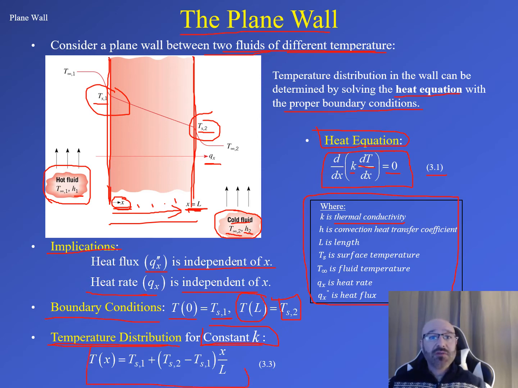We have this relationship given to us by equation 3.3 in our textbook, where T of x, our temperature at some position x along the way from x equals 0 all the way up to x is equal to L for our particular case here, is equal to, for our problem here, our TS1, which is our surface temperature where x is equal to 0, plus now we have in parentheses our TS2 minus TS1, which is our surface temperature when x is equal to L minus our surface temperature when x is equal to 0, times this ratio of x, which is our position where we're interested in from our initial start point 0, divided by L, which is the total thickness of our wall. So this is equation 3.3 in our text.